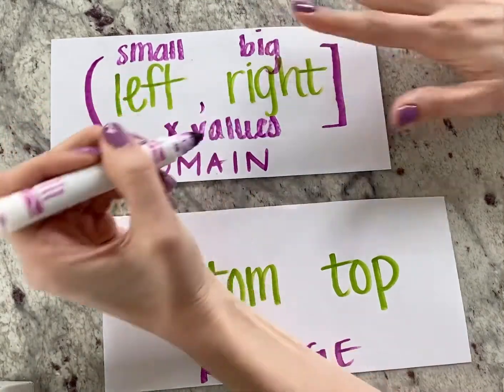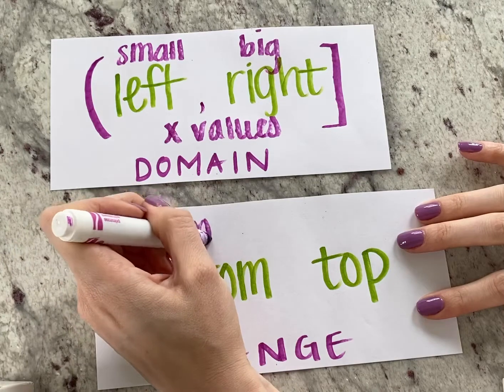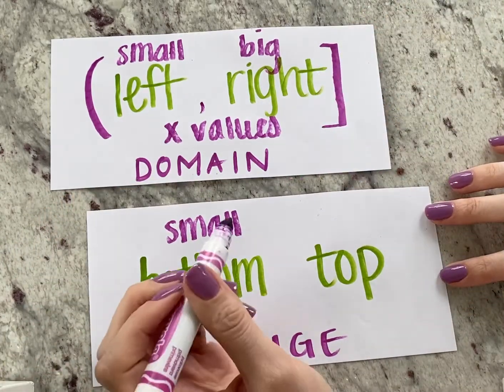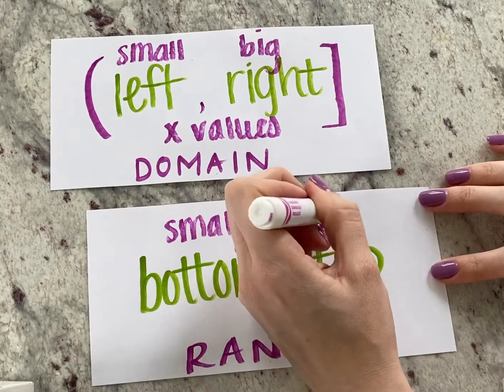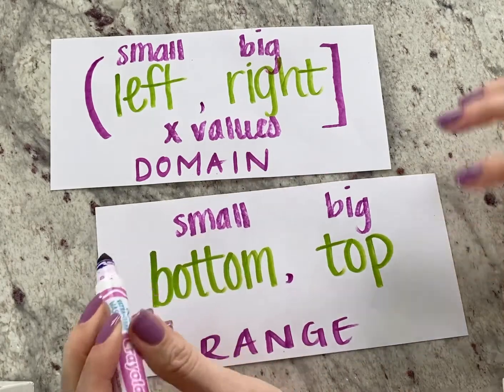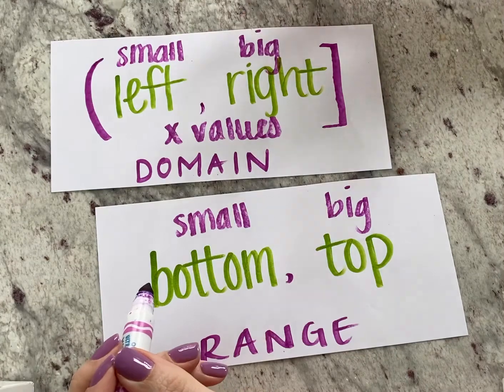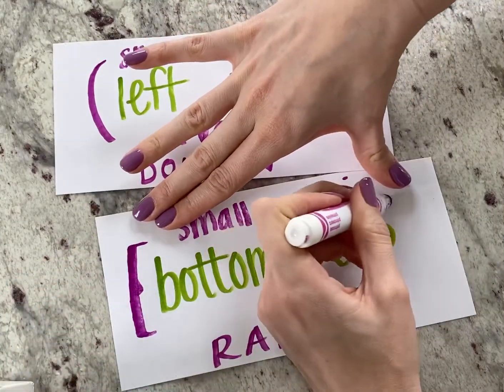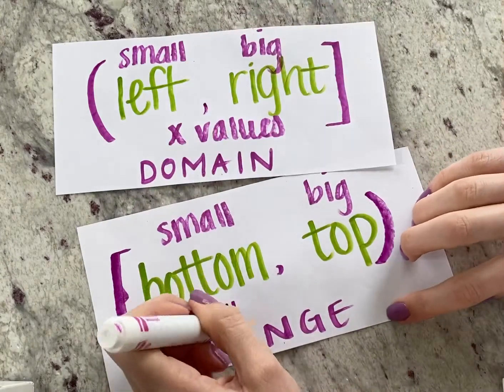But now we're looking at small, which could be negative numbers here, and then the top would be as big as our graph could go. Again, we're going to use a combination of parentheses or brackets. Maybe they're both brackets. Maybe we have one bracket, one parenthesis, but again, we're going to be focusing on the y values today.